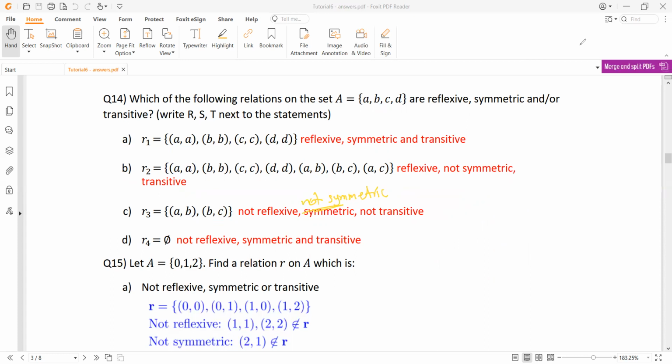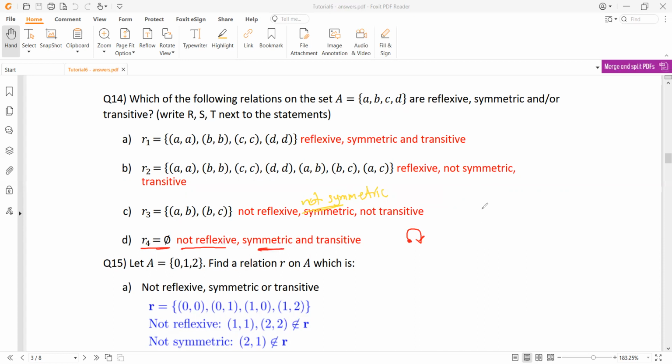Great. So the last one, the empty relation. The empty relation is not reflexive because I need to have A to itself, or B to itself, or C to itself, or D to itself, and because those pairs are not there, it's not reflexive.